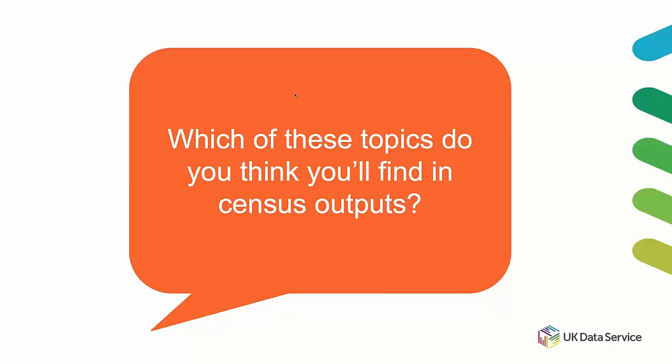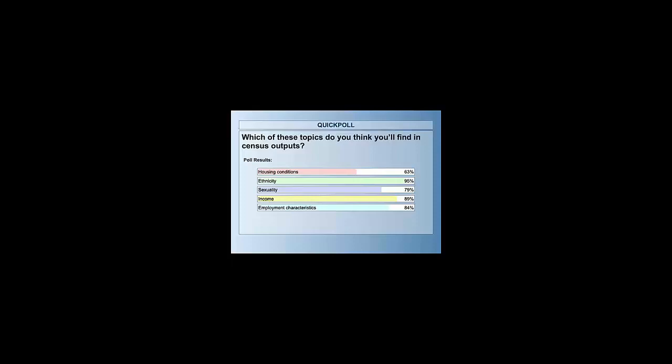I have another question now. Which of these topics do you think you will find in census outputs? Okay, so what we don't have in census at the moment is any question on sexuality. They did consider it for 2011, but they dropped that in the end. I believe it's going to be included in 2021/22.